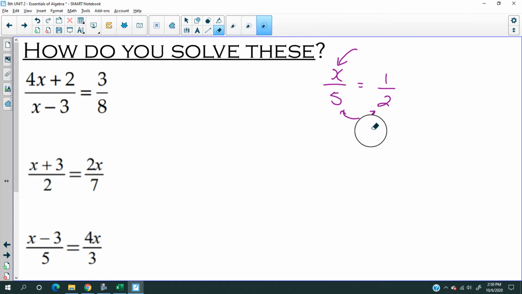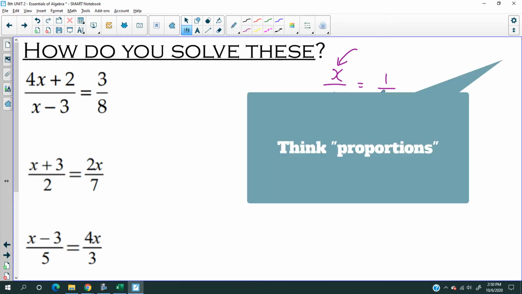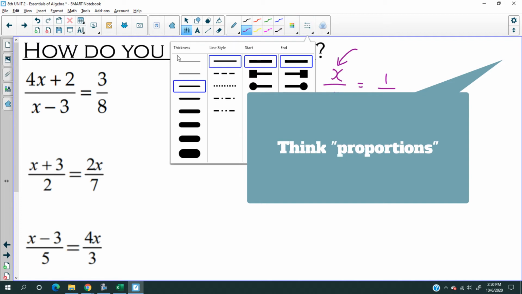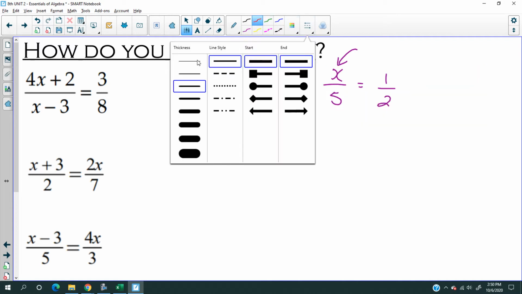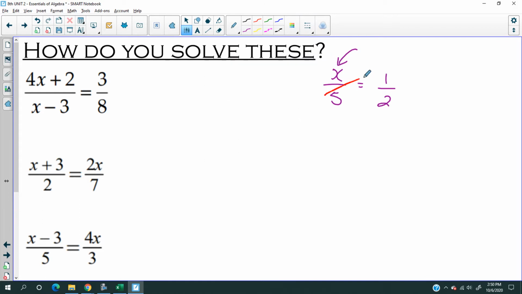Now I know what some of you are thinking. You're thinking, okay, well, two times this gives you two and a half. I get that, but in general, these aren't always immediately obvious. What would you have done? Yeah, you would have cross multiplied and divided.